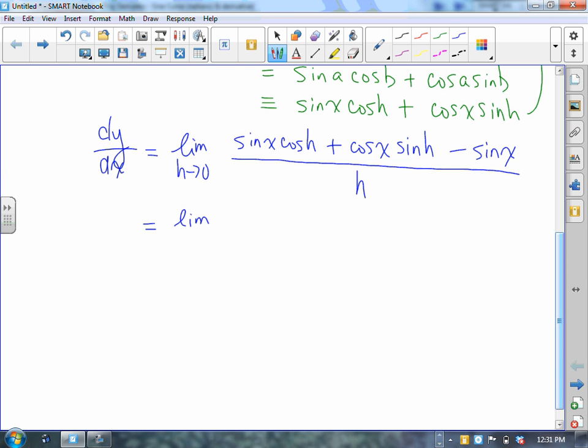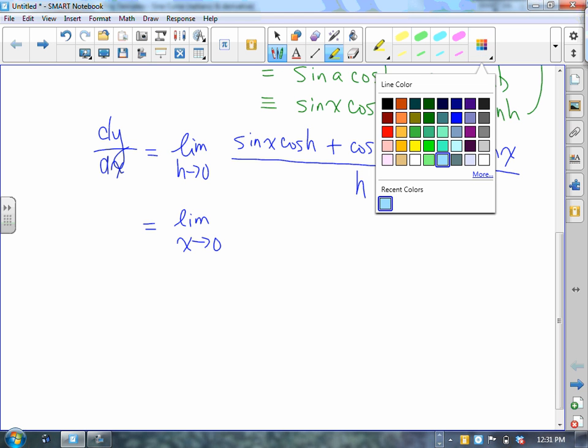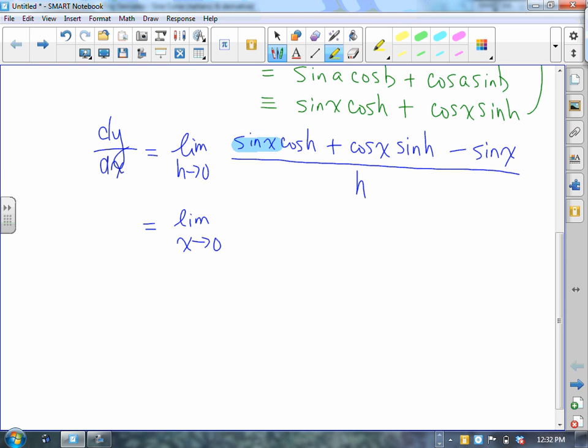Let's take this expression, and what I would like us to do is group the terms for their likeness, for their parts that are alike. If we look at sine of x here, we have sine of x here. So it would stand to reason that we could regroup the terms as such. I'm going to group those two together, and leave the other term here on the end.